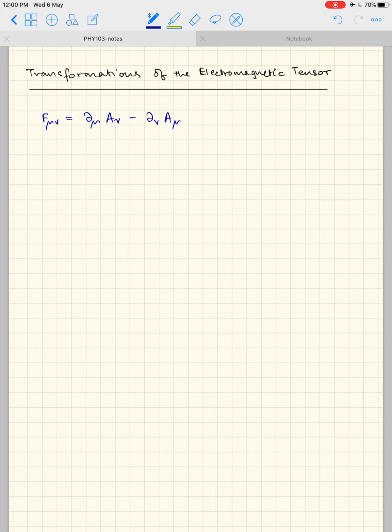You could from there also define something which was F upper mu nu, which was given by the multiplication of two etas with this.